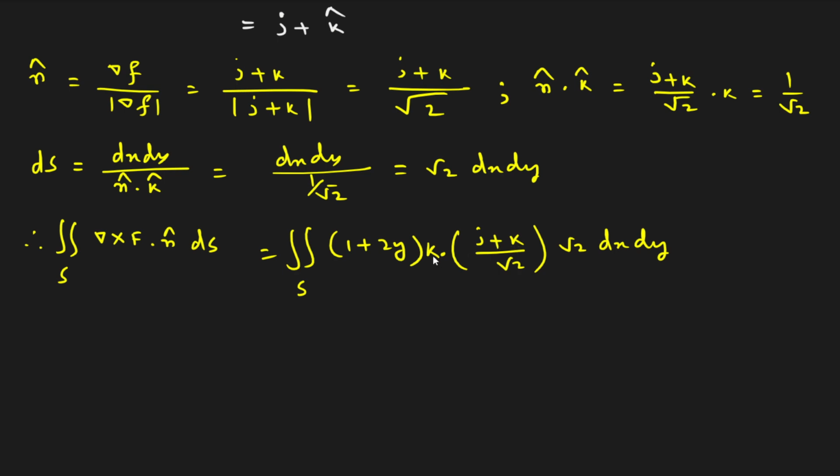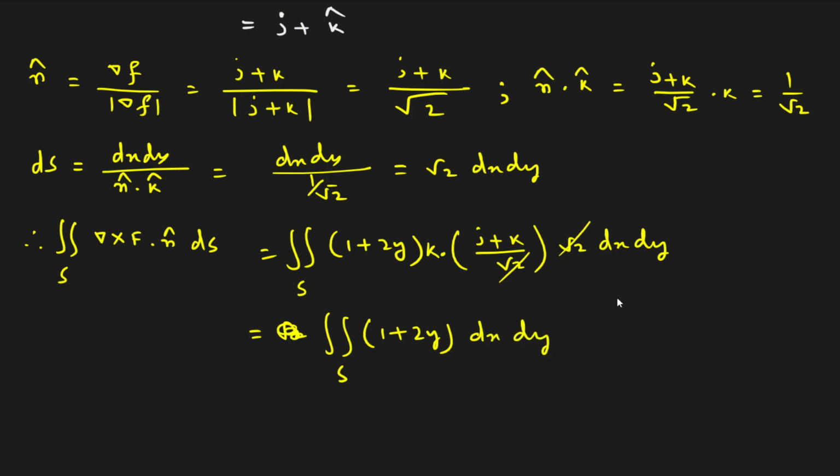So only this k dot k will come. So we can write root 2 outside, double integration over s. This root 2 will cancel out, this root 2 will not come. So how much will you get? k dot k, no. So it will be 1 plus 2y and then dx dy.